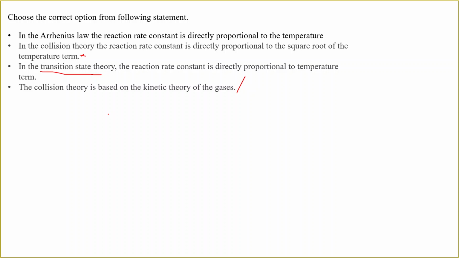So that way we cannot consider this as directly proportional to the square root. That is the point. The transition state theory is anyway directly proportional, and the Arrhenius law also. Though it looks like an inverse of temperature, the higher the temperature, the higher the rate constant will be, so it is directly proportional. Okay, clear.